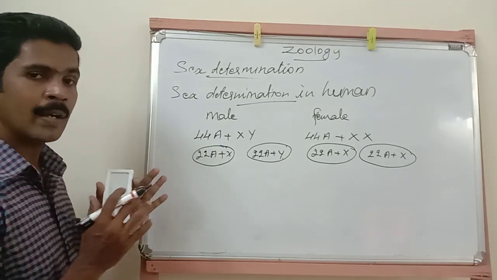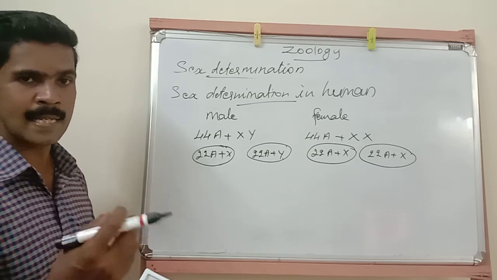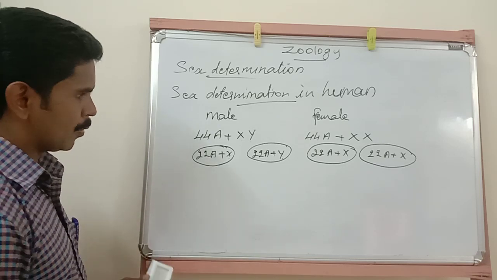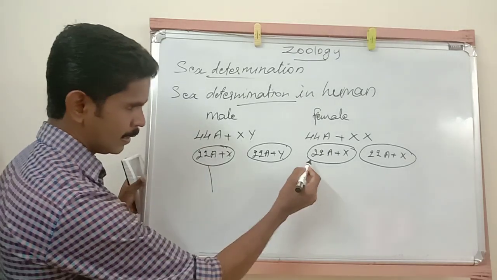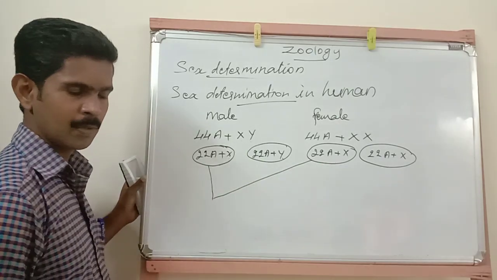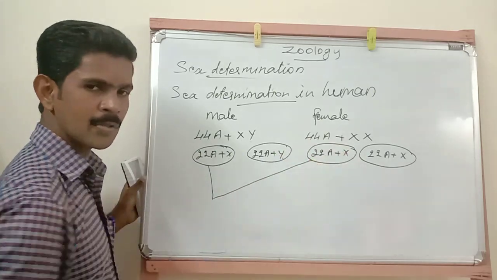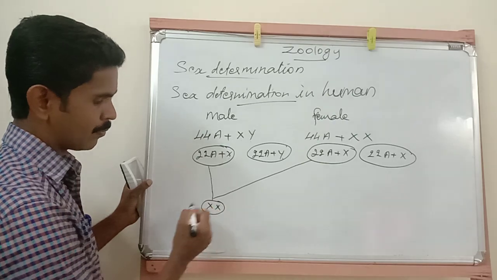Now we are going to study how the sex of the embryo or fetus is determined in human beings. Suppose this X chromosome is joined with this X chromosome. From the male one X chromosome is coming, and from the female also one X chromosome is coming. So two X chromosomes are found here.